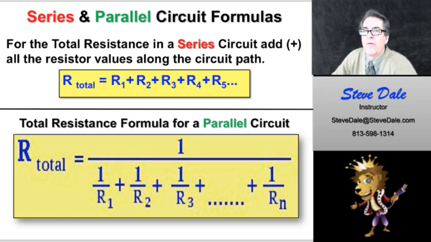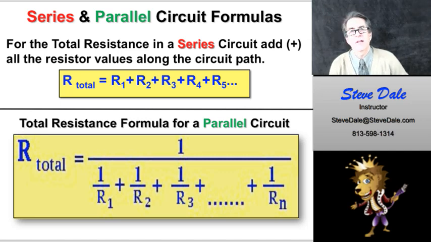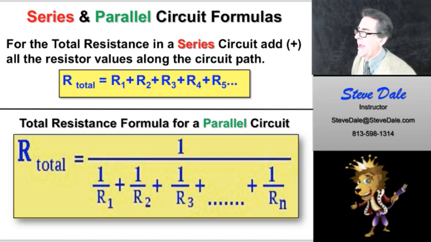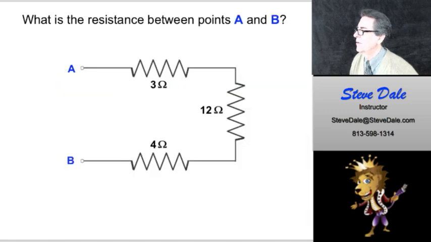You just add up all the resistors, whatever the number of resistors along the path, and that gives you the total resistance of the circuit. Really easy. A parallel circuit is a little more complicated. I'm going to show you a real quick shortcut, and they don't make them difficult on the exam. Actually, they're pretty easy.